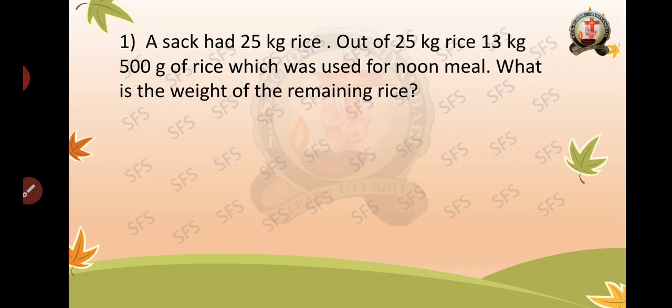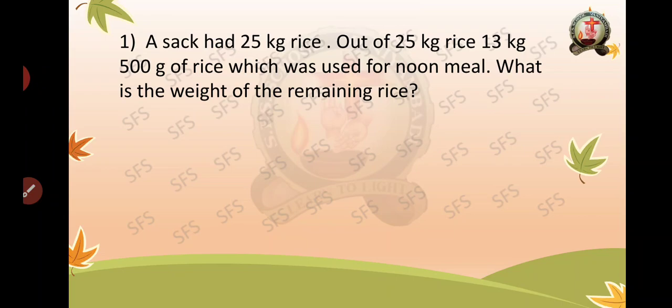What is the weight of the remaining rice? Here look at the word, children, that is remaining. If in the question they mention the word remaining, then the problem is about subtraction.